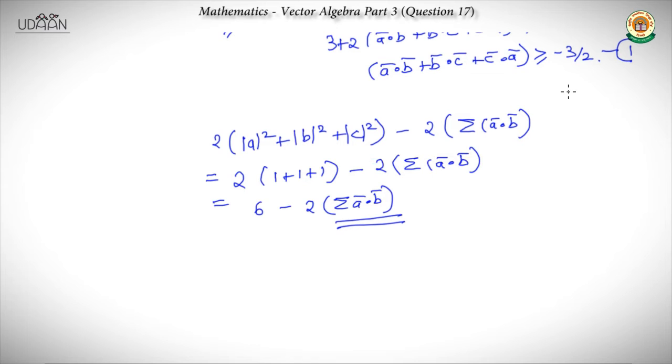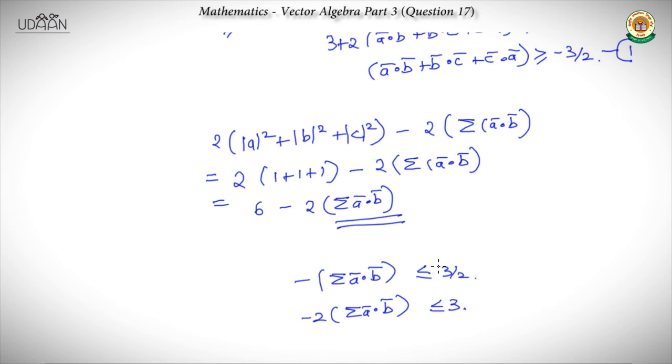So minus summation a bar dot b bar will have maximum value 3/2, because when we multiply with a negative sign, the inequality reverses. So minus 2 times summation a bar dot b bar will have maximum value 3.